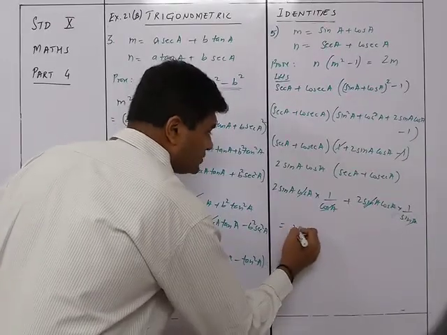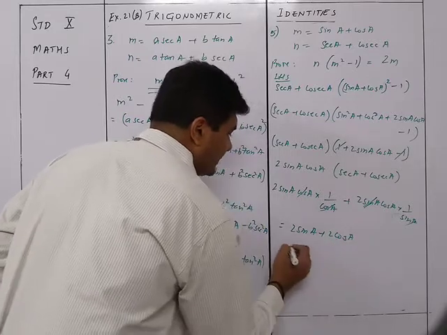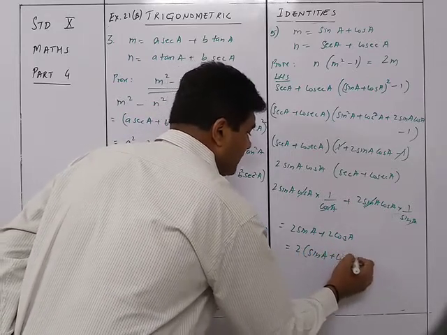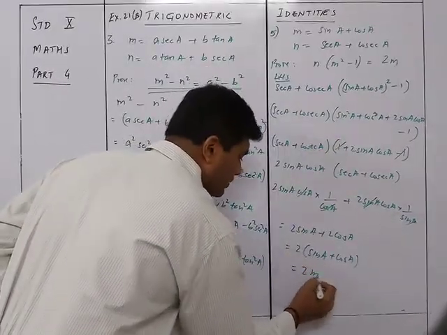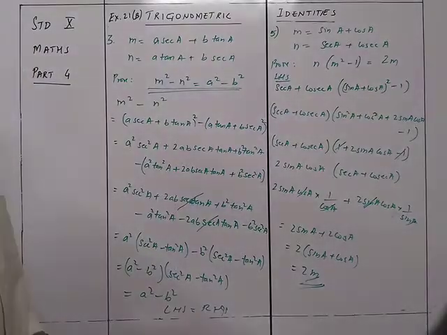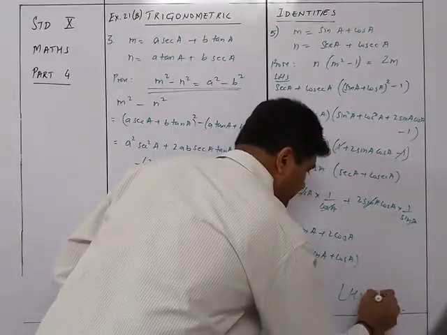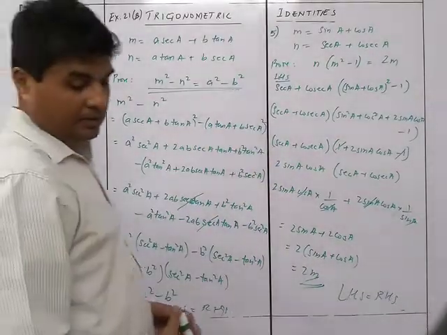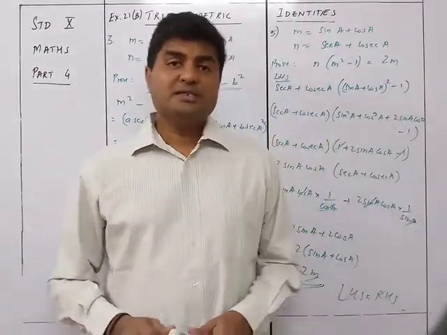So you get 2 sin A plus 2 cos A, that is 2 (sin A plus cos A). But sin A plus cos A is M. So that is equal to 2M. Yeah, good. Not a problem. Easy. So LHS is equal to RHS. Okay, that was sum number 5. We now move on to sum number 7.